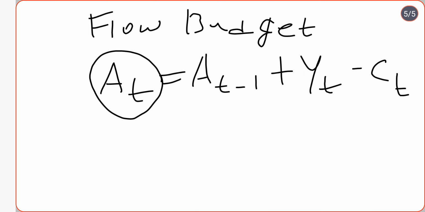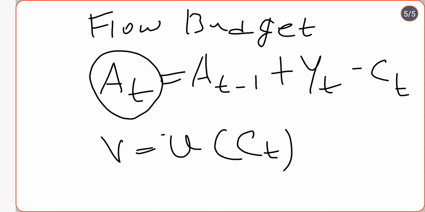Now we will try to optimize the value function. What was the value function? The value function was u of ct, in the form of a summation also, t is equal to 1 to T. That is the value function.